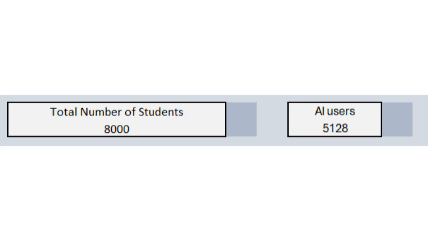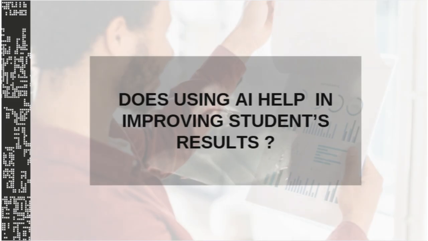Would that be fair? I think it would. So, now, do we answer our first question? Is AI good enough for students to improve their results? I think you have your answer. I think it's yes.